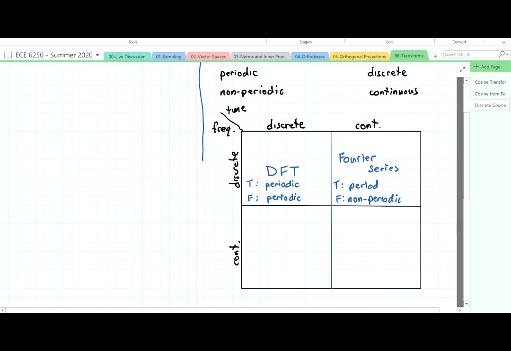And then down here where we have continuous in frequency but discrete in time, this is the discrete time Fourier transform.